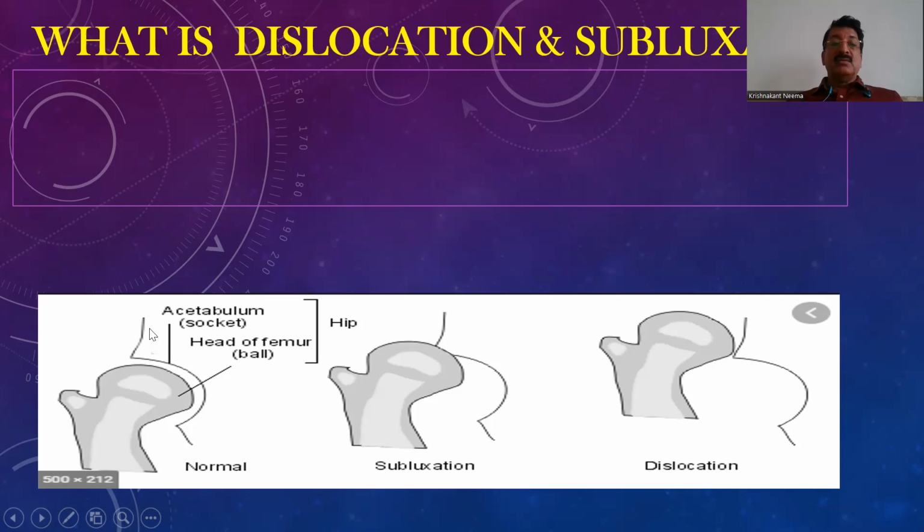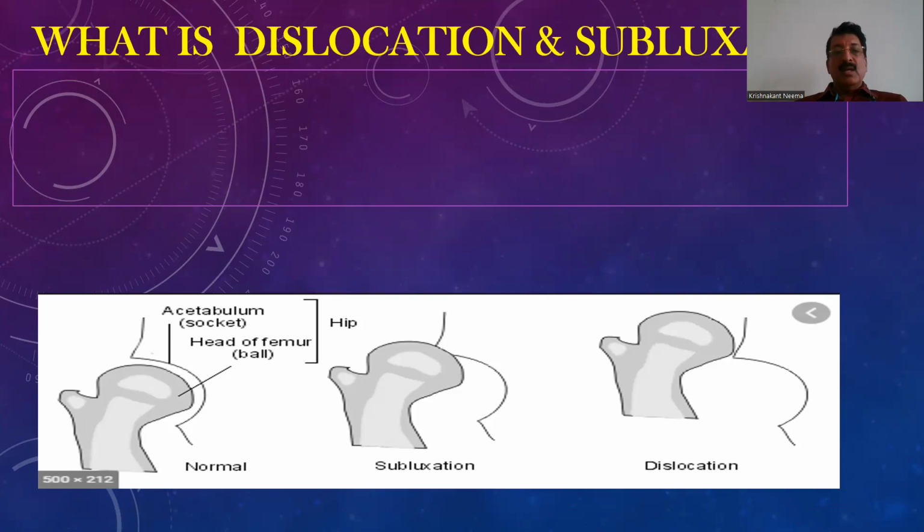On one side, there is a socket, and on the other side, there is the head of femur. Socket is made by acetabulum, and the ball is made by the head of femur.